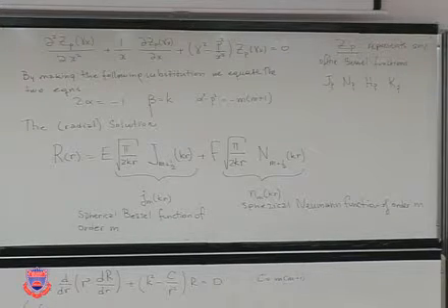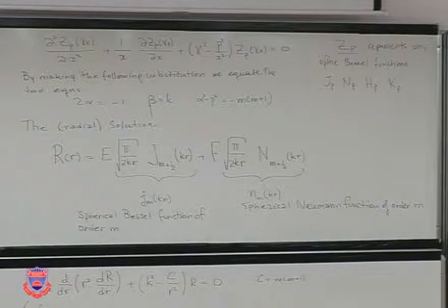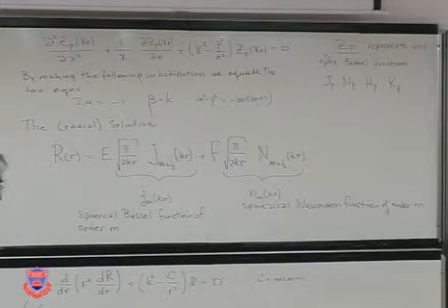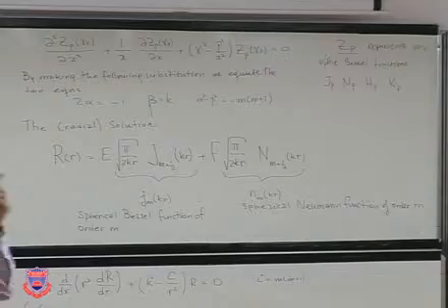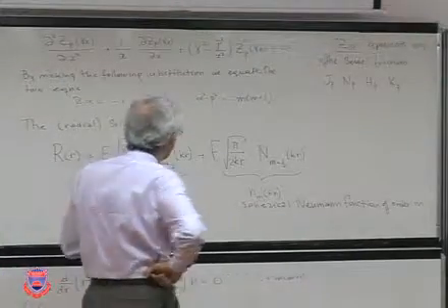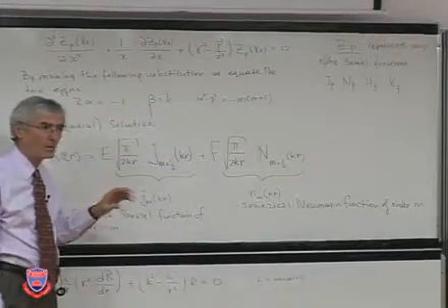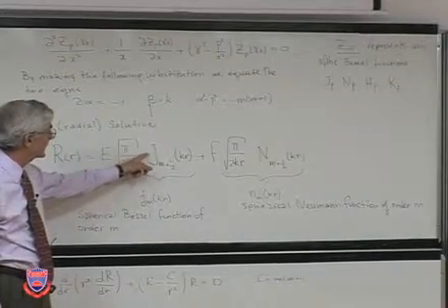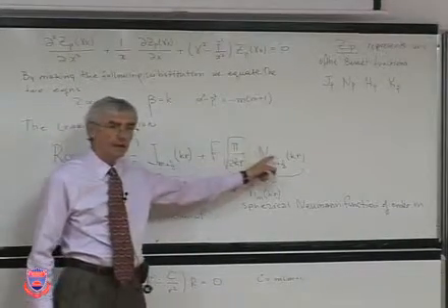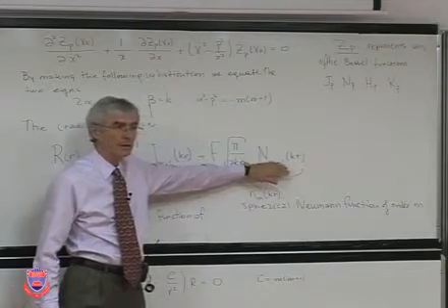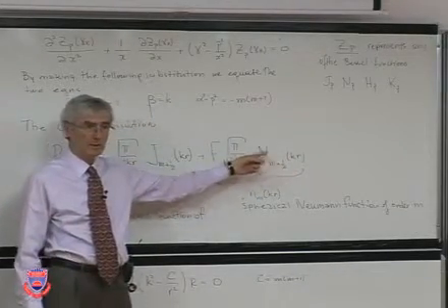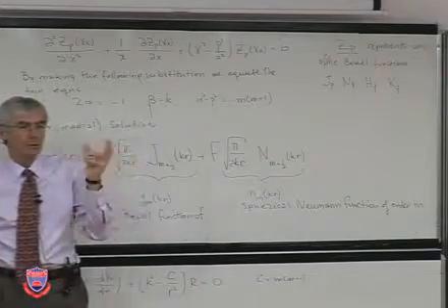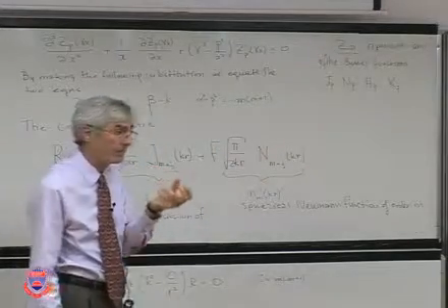Time is flying and we're not getting anywhere. Now, the capital J, capital N are ordinarily the Bessel functions and Neumann functions, and they're usually used in cylindrical coordinates.